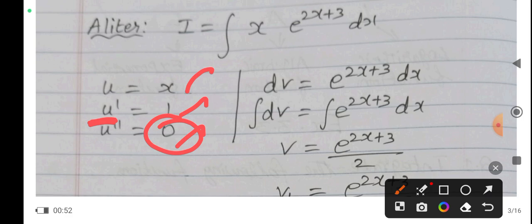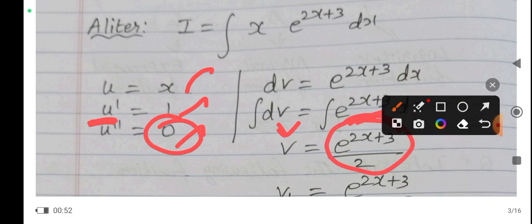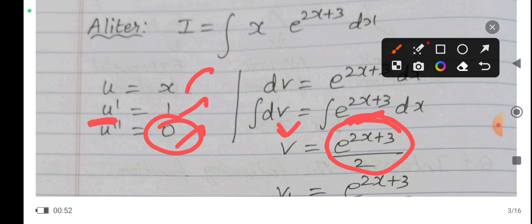Same way, dv equal to e power 2x plus 3. We have to integrate here. Integral dv is v. E power 2x plus 3 integration is the same, no change: e power 2x plus 3 by 2. E power x integration is e power x. E power minus 3x integration is e power minus 3x by minus 3. So we are differentiating the 2x and writing it in the denominator.